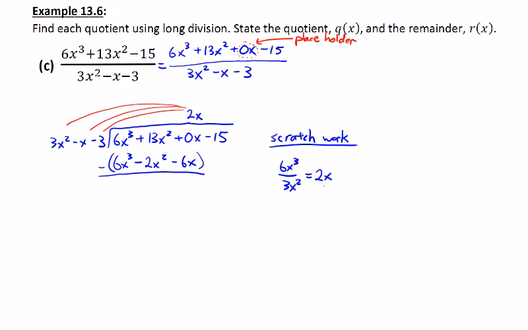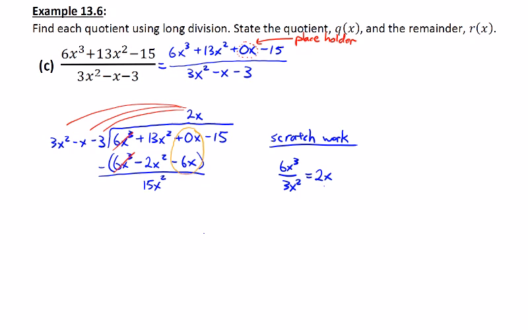As we saw in previous examples, if you do it right, the first term will always cancel. After that, the x squareds should become 15x squareds. And then here is the second benefit of having that placeholder. Now I have x's lined up in this last column, 0x with that minus 6x.